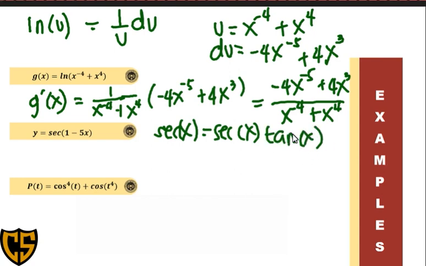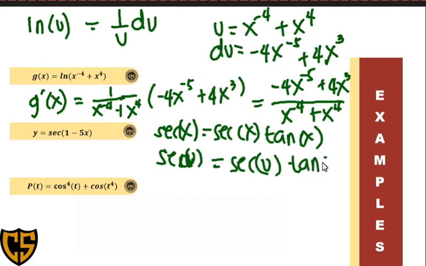Okay, so if we are going to substitute this one with u, we'll have secant u, then we will have tangent u, but we are going to have du here, the derivative of u.